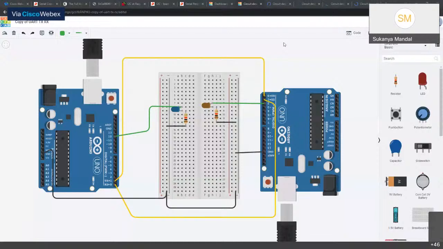This particular piece of software allows for simulations of Arduino.